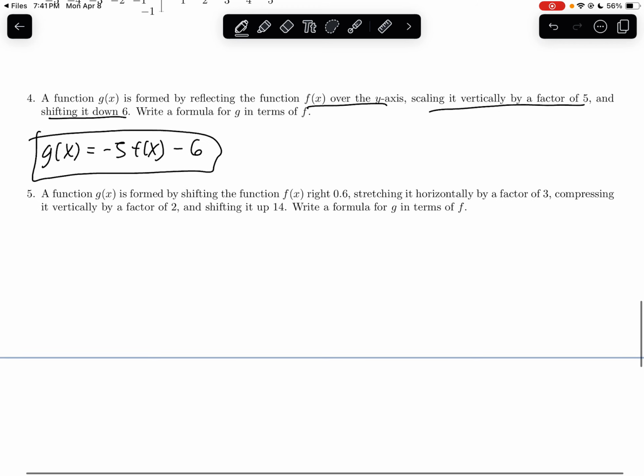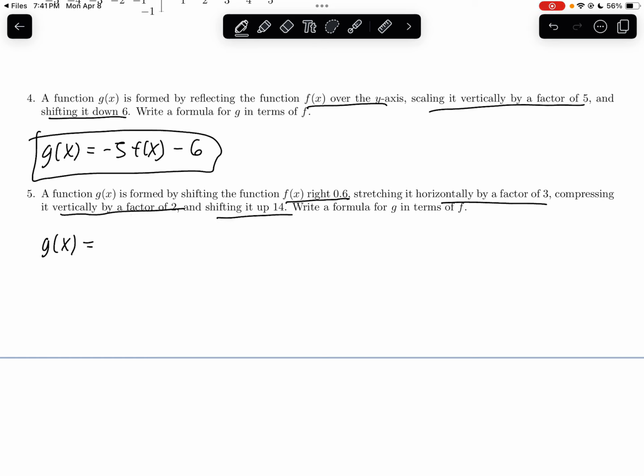And then similarly, for the last one, g of x, what are we doing? We're shifting it right 0.6, stretching it horizontally by a factor of 3, compressing it vertically by a factor of 2, and up 14. So these 4 transformations are all going to come in. Compressing it vertically by a factor of 2 is on the outside, so maybe we can think about doing that first.